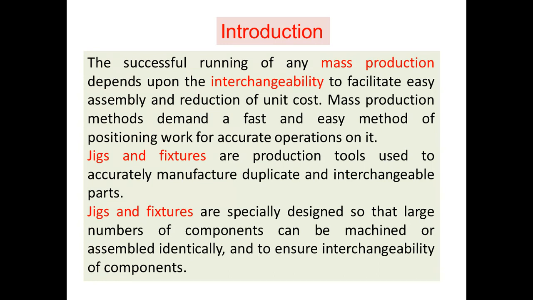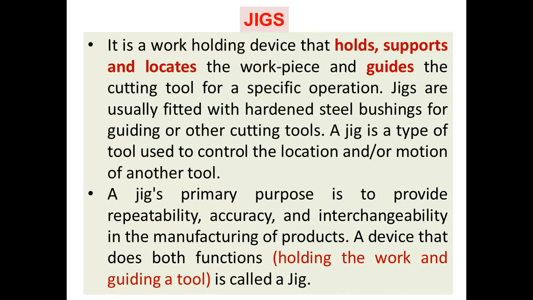So in mass production, we require a very fast method of positioning the work for accurate operation on it. Jigs and fixtures are production tools used to accurately manufacture duplicate and interchangeable parts. That is one aspect. And the second is that when large components are to be manufactured and assembled identically, under that condition we require tooling like jigs and fixtures.